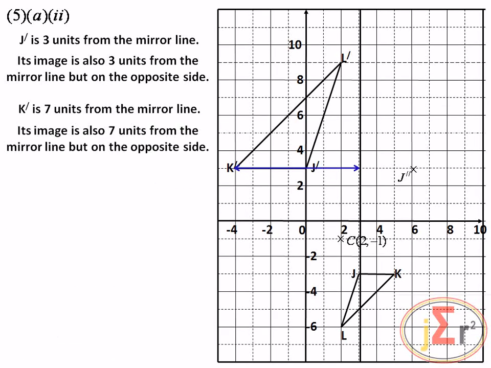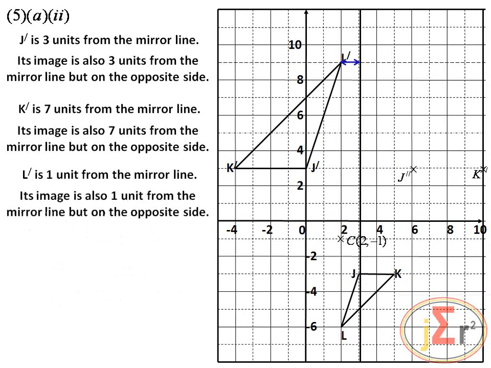Its image is also 7 units from the mirror line, but on the opposite side, like so. And L is 1 unit from the mirror line. Its image is 1 unit from the mirror line also, but on the opposite side. There you will find L double prime. Complete the triangle.